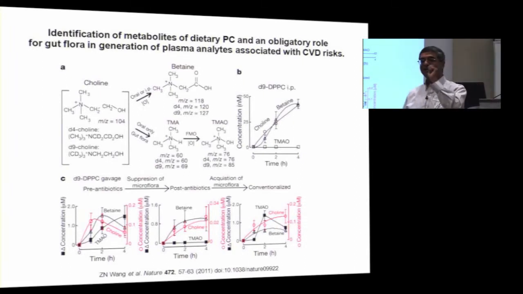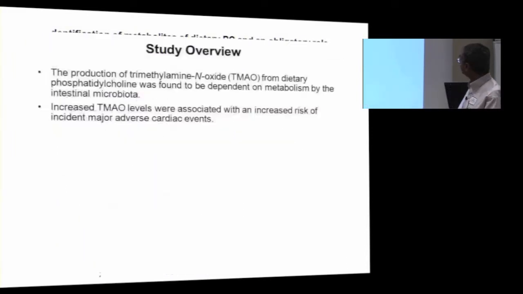So it needs the gut microbiome to form this compound. They suppressed the microflora and showed that post-antibiotics, you don't form any TMAO. When they conventionalized the mice, reintroducing the microbiome, you form TMAO once more. This indicates that this is a very specific compound for the gut microbiome.